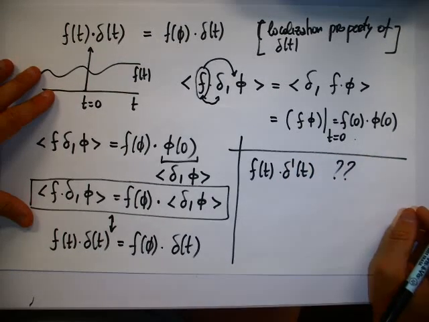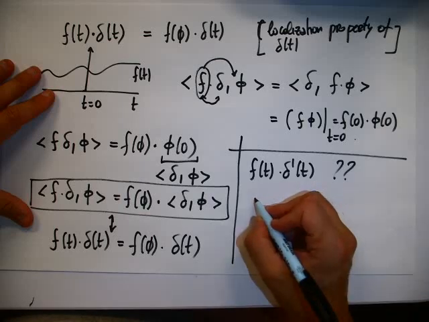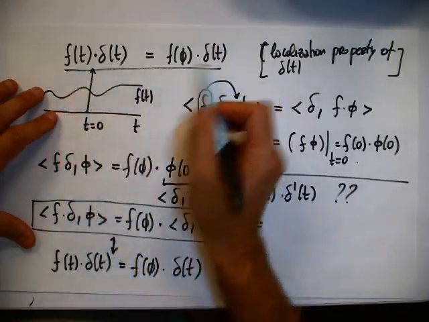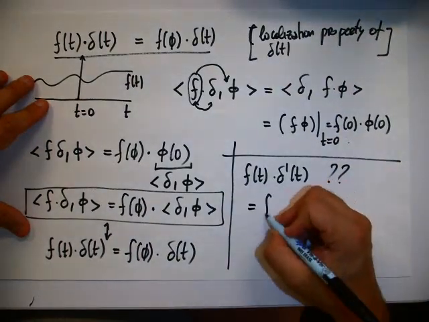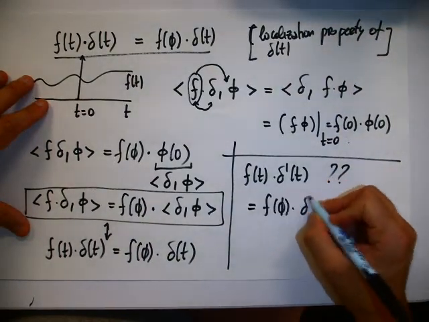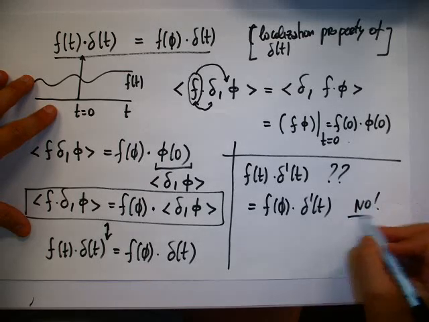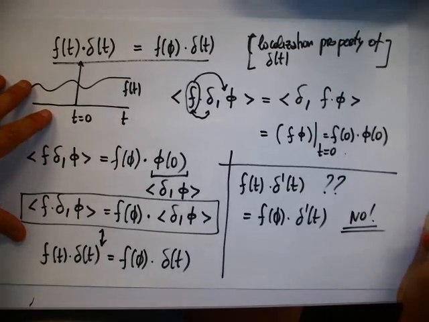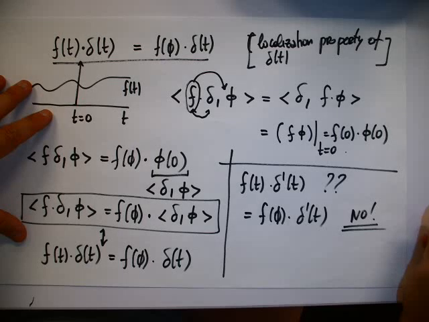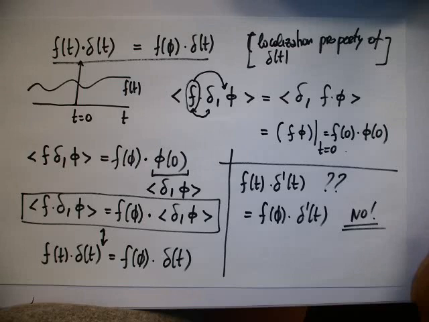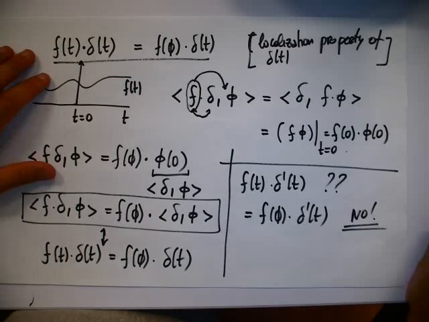By looking at this property, it would be natural to say, oh yes, this is equal to f(0) times delta prime(t). Nope. Unfortunately, no, this intuitive reasoning doesn't work. Distributions are a really strange object. So there is an extra term here.